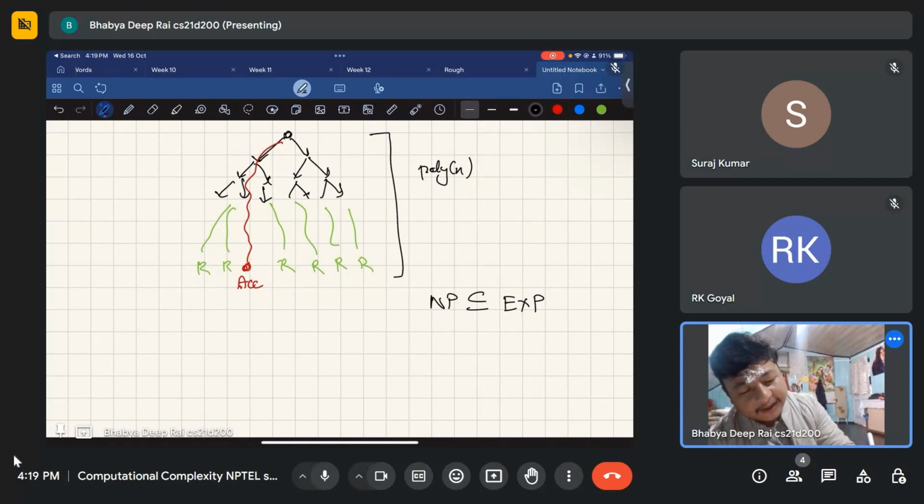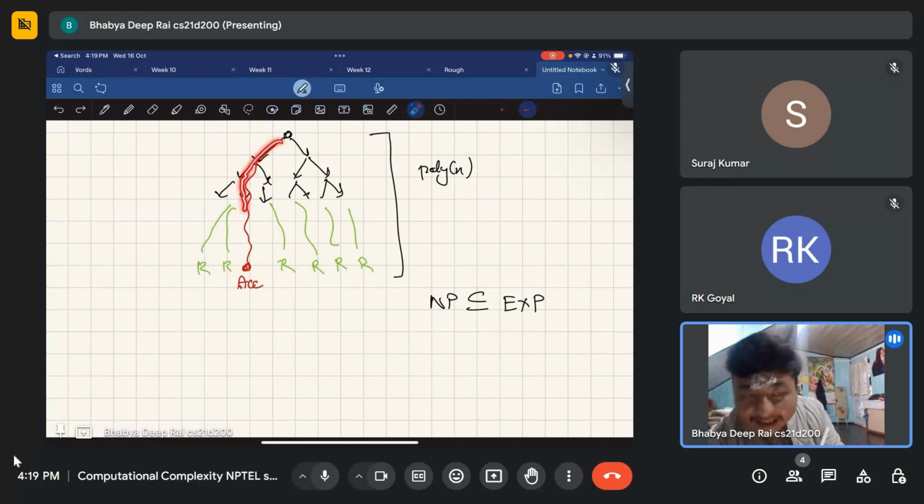Now next, what do you have? Next you have that the depth is polynomial, right? Now what we think of is, what if I have a model where I actually tell you the correct path if it exists? If there is an accepting path, I will tell you the path. Then what can my machine do? I'll just verify whether what you gave me is correct or not.